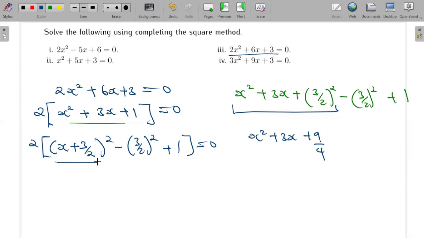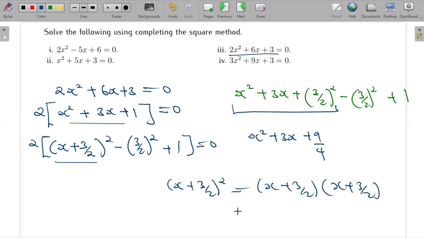So now notice this here: x plus 3 over 2 squared. What this means is you have x plus 3 over 2 multiplied by x plus 3 over 2. This multiplied by that, you get x squared. This multiplied by that is 3 over 2 x. Then that there you get 3 over 2 x.